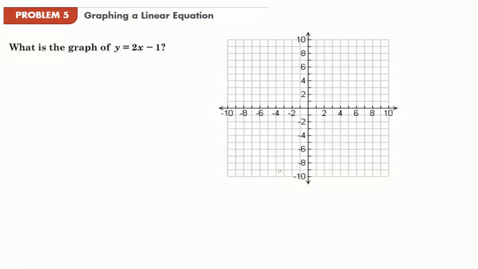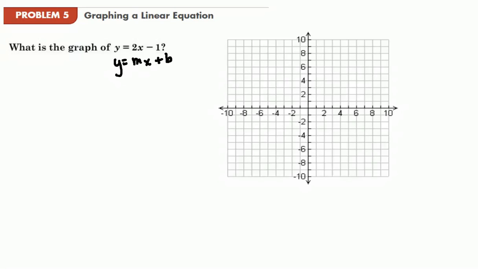All right, for problem number 5, it's very easy. We're going to now work backwards. We're going to graph the linear equation given that the graph is y equals 2x minus 1. So we need to identify our y-intercept. Remember, our equation is y equals mx plus b.